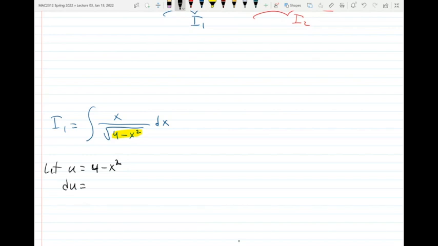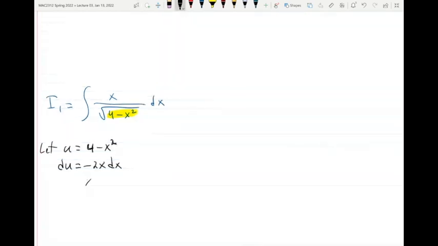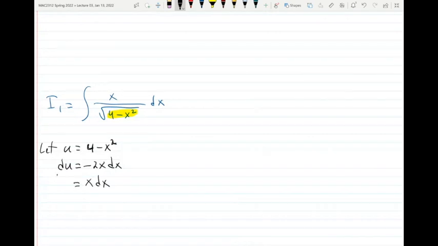So that means that du is going to be negative 2x dx. I already have x dx in here, so I'm going to divide by negative 2. You understand this? So divide by negative 2, so we get that x dx equals du over negative 2.